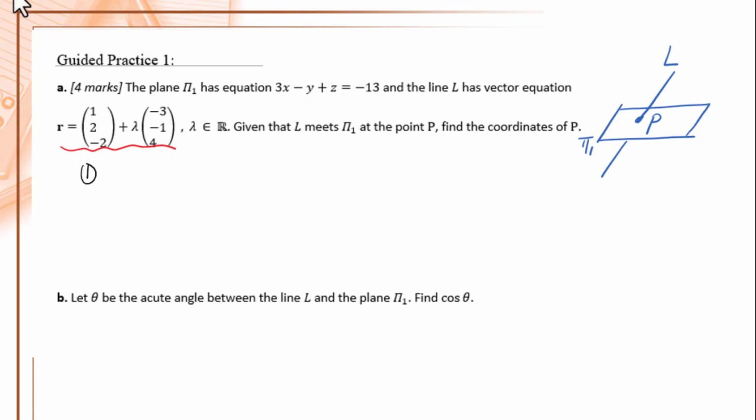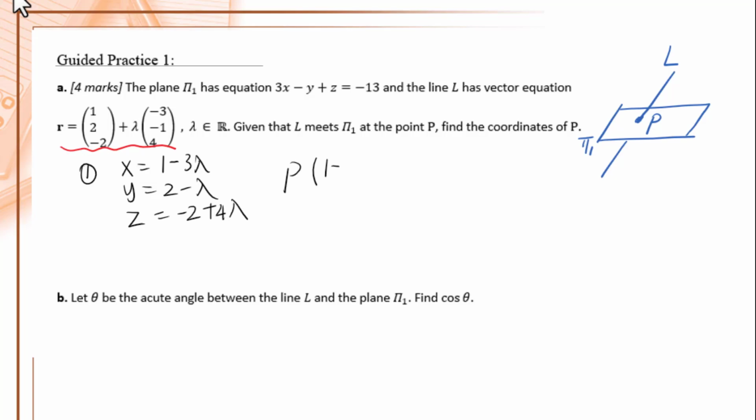First of all, we will change the equation of the line into parametric form. x equals 1 minus 3 lambda, y equals 2 minus lambda, z equals negative 2 plus 4 lambda.